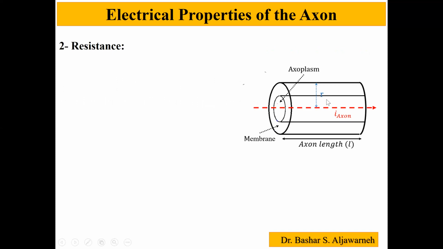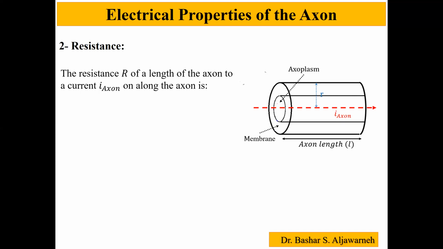Let me assume the axon has a cylindrical shape, as you can see here. We have the main axis of the axon with length L, the axoplasm, or the fluid inside, and the membrane, the cell membrane.